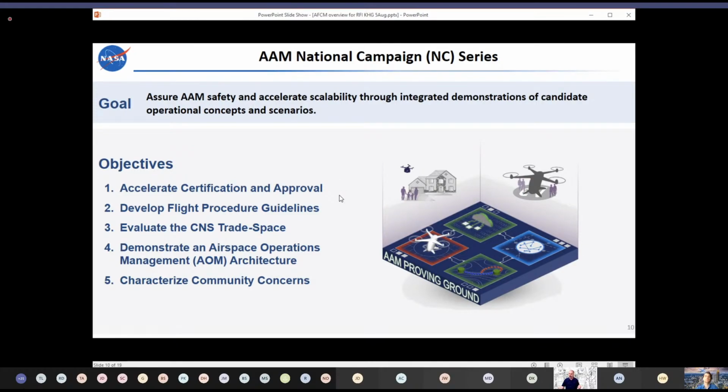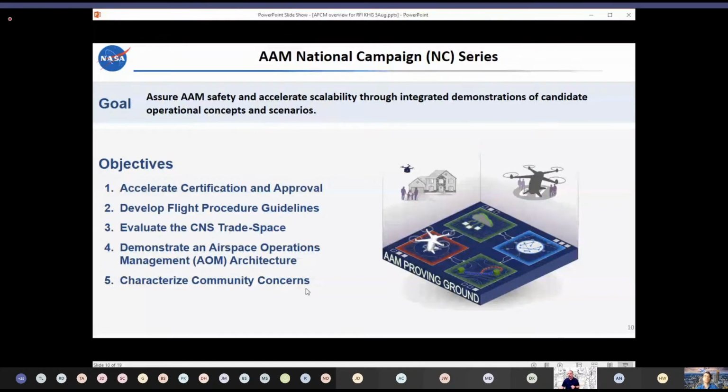So, fundamental objectives include accelerating the certification and approval process, developing flight procedure guidelines, developing and interfacing with appropriate comm, nav, and surveillance infrastructure for urban operations, developing an appropriate airspace operations management architecture from the vehicle perspective, developing how the vehicles participate as part of that architecture.